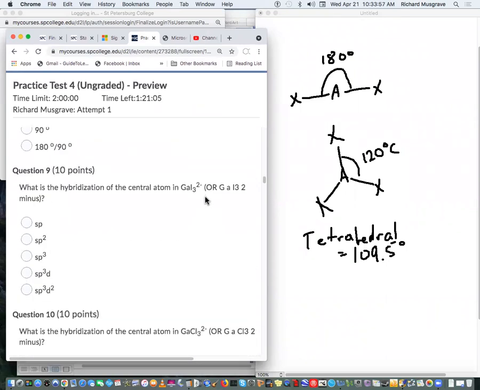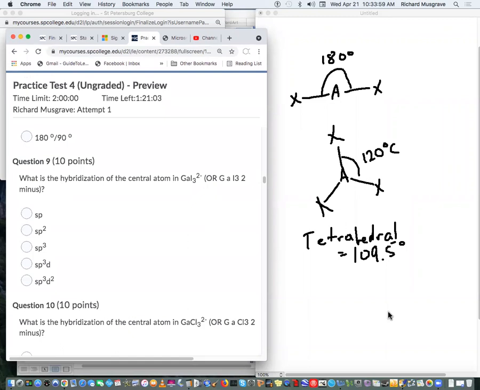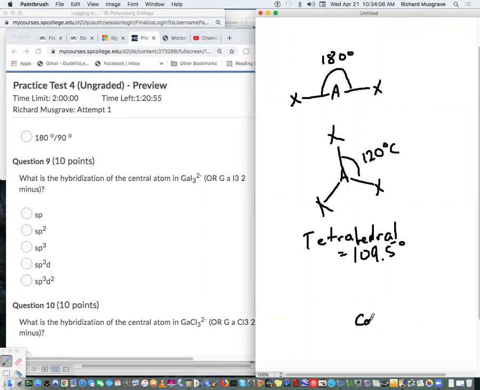Okay. Now the hybridization is going to be based solely on the overall shape. I've already done GaI3 2-, so I'm going to take advantage of that.